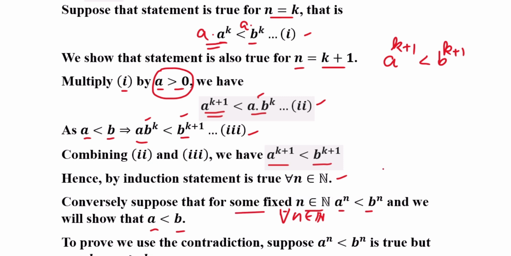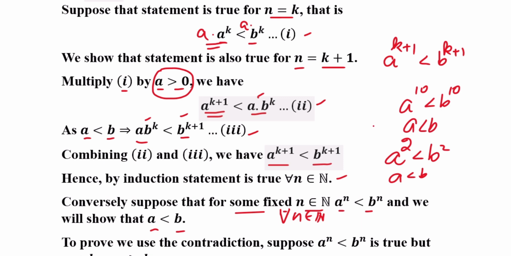Like, A square is less than B square whenever A is less than B. I say A raised to power 10 is less than B raised to power 10, then A is less than B. So I will fix any one positive integer, and then I will show that whenever this statement is true, then A is less than B.